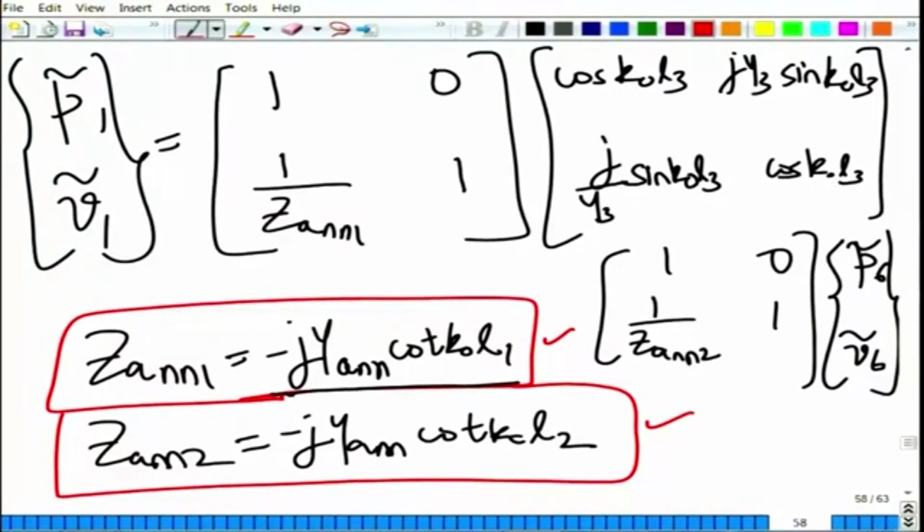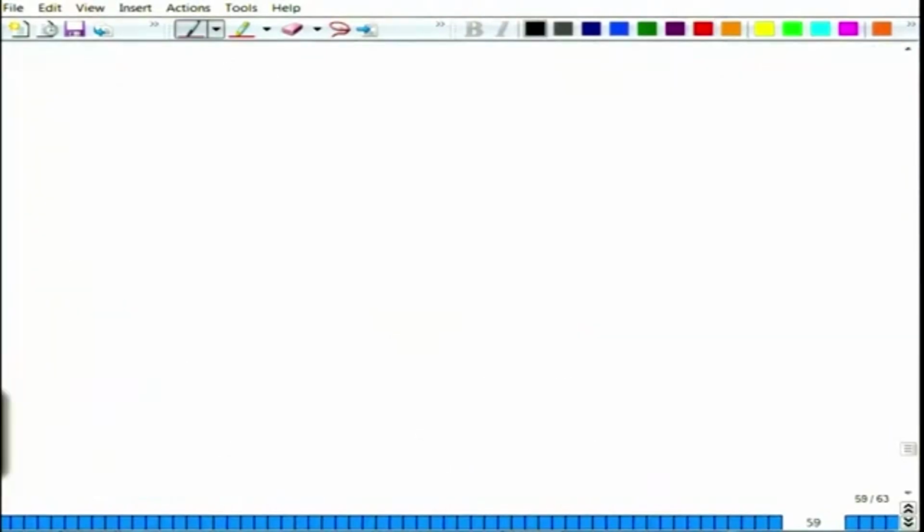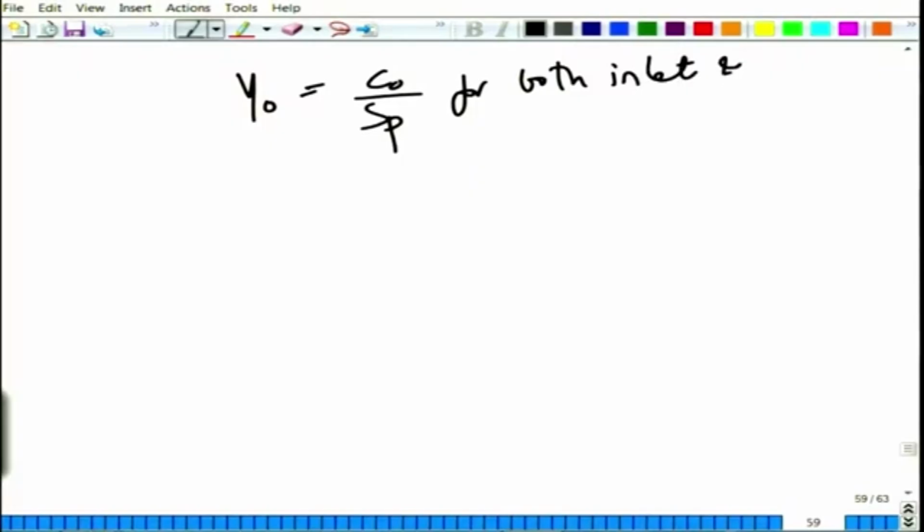So, before we move ahead, let me just take the liberty of defining a few more symbols which will actually help us in simplifying things. Inlet and outlet are assumed to be the same here. So, for their characteristic impedance, y naught is C naught by Sp. Let us say that it is so for both inlet and outlet.